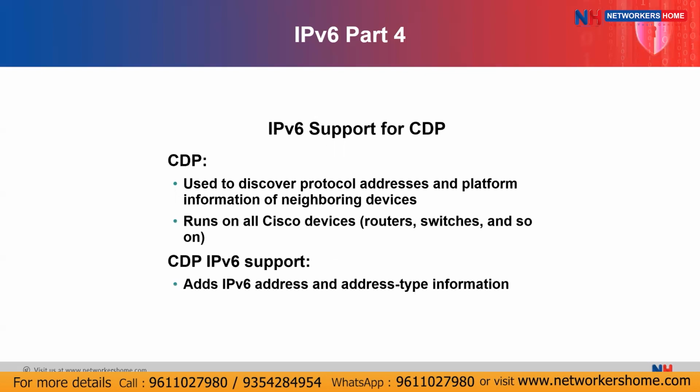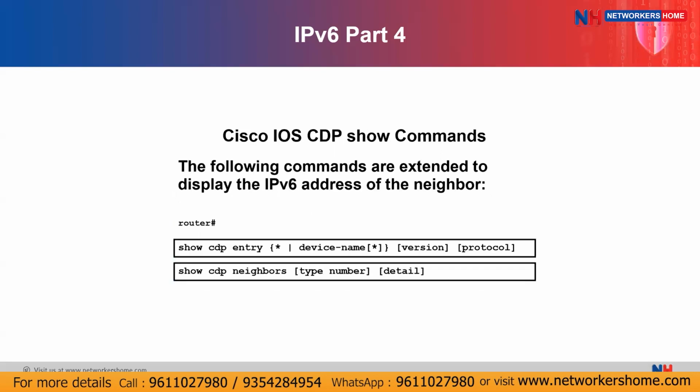And Cisco Discovery Protocol, to verify the physical connectivity, is used to discover protocol addresses and platform information of neighboring devices. It runs on all Cisco devices, routers, switches, and so on. And CDP IPv6 support adds IPv6 address and address type information. Same mechanism we have.